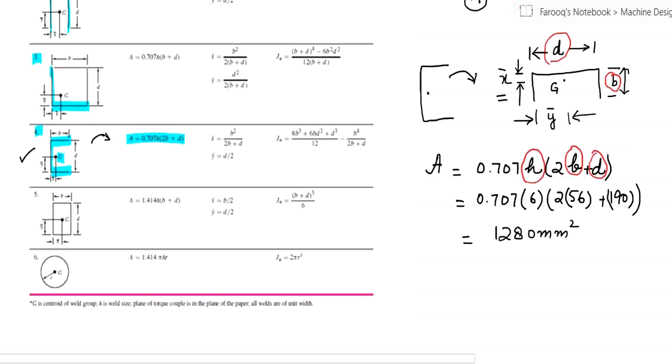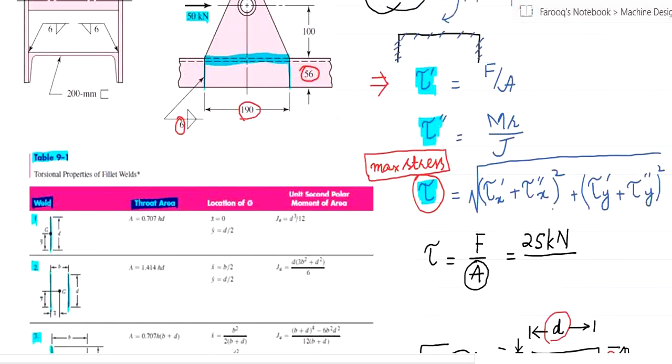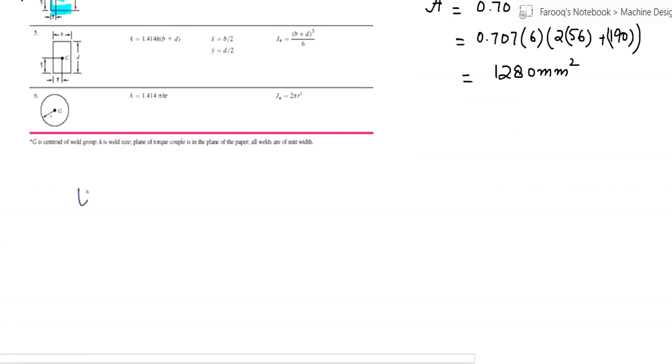We are going to plug this value in our formula: 25 kilonewton over 1280 millimeter squared, and primary stress is 19.5 megapascals. So now we know our primary stress is equal to 19.5 megapascals.